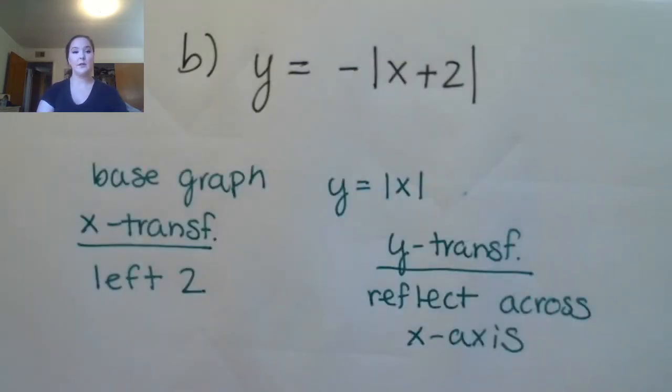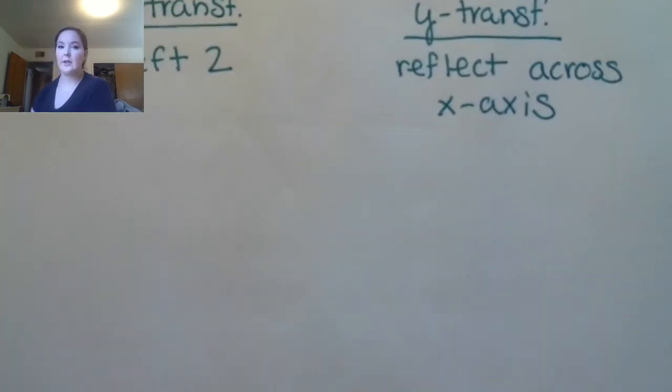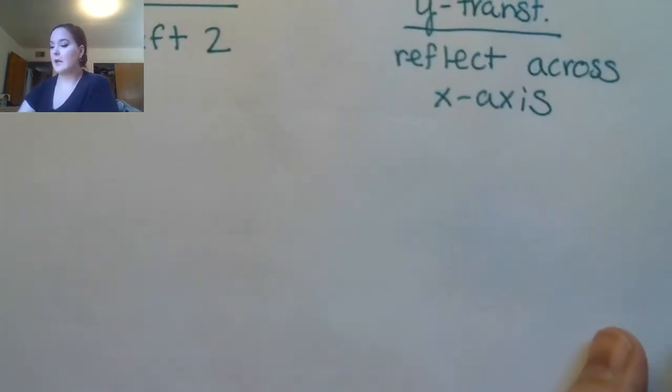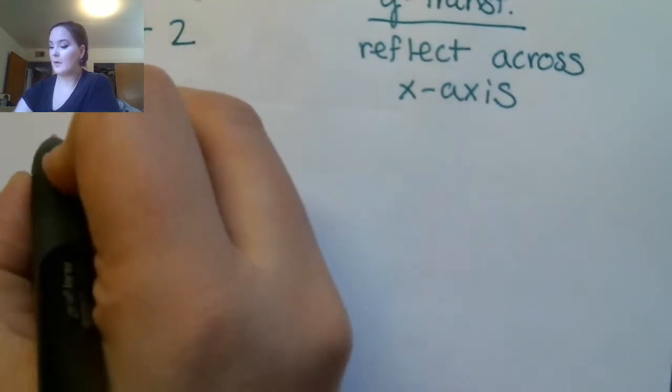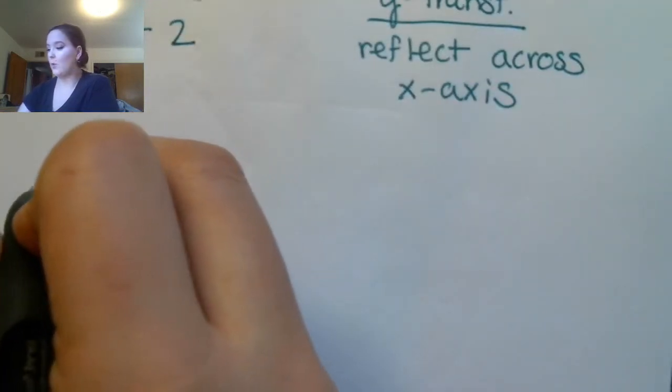So now that we've done a couple examples of just doing these step by step, the question comes up: does it matter what order you do the transformations? Here's my information about ordering these.